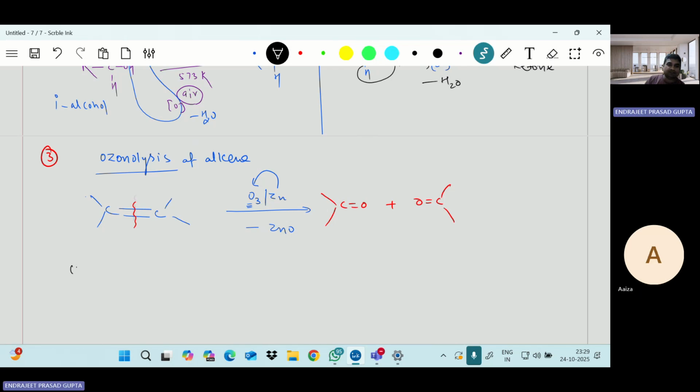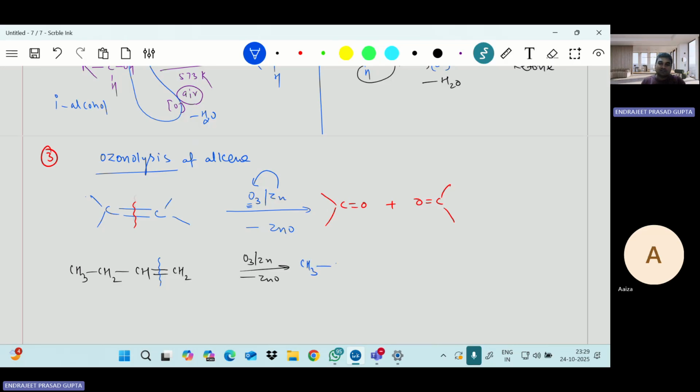Suppose I am writing CH3 CH2 CH=CH2 and there is ozone. So you will get zinc oxide. Out of three oxygens, two oxygens are left. The two oxygens will break this double bond, and you can put the oxygen along with the double bond.